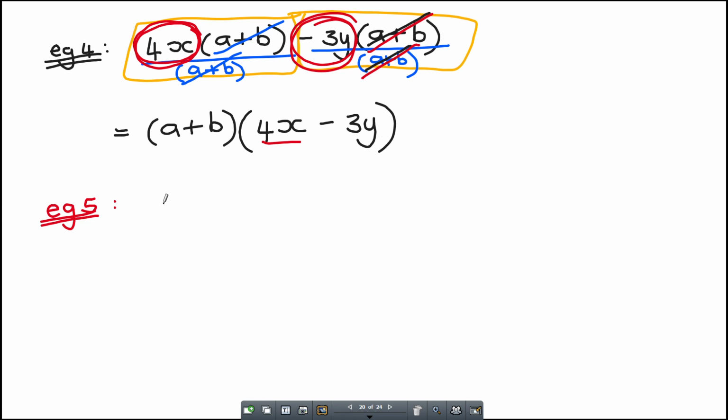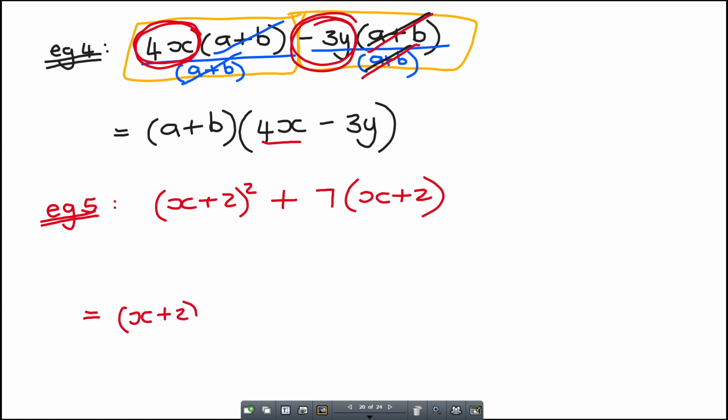Right. Now have a look. All right, people. How many terms? 2. What is the same for both those terms? X plus 2. Okay, so write your common factor, x plus 2. Start your new bracket.